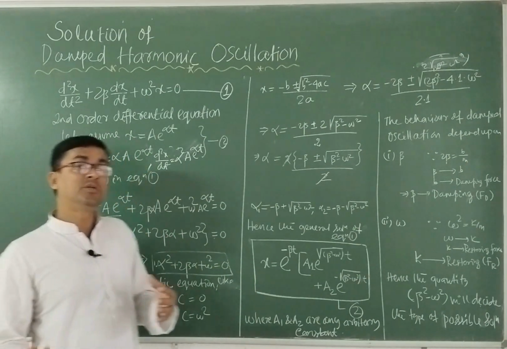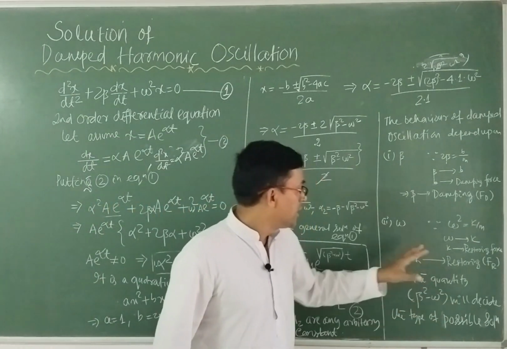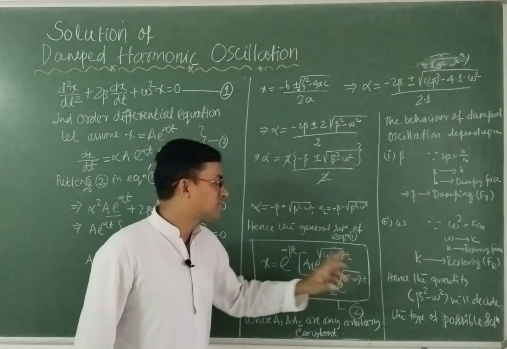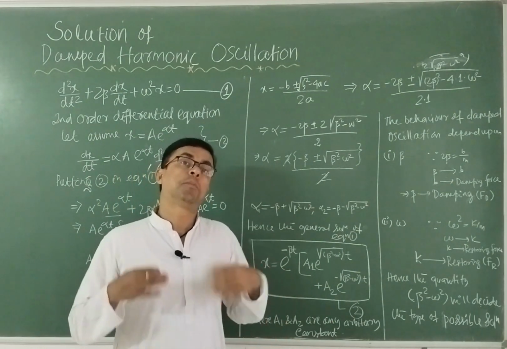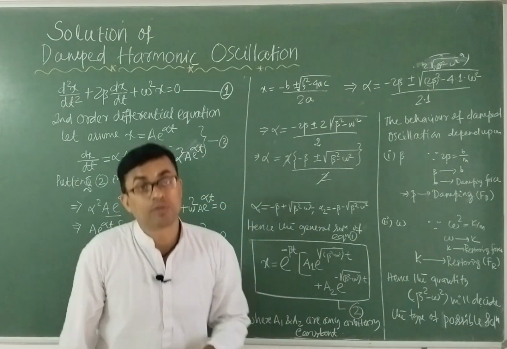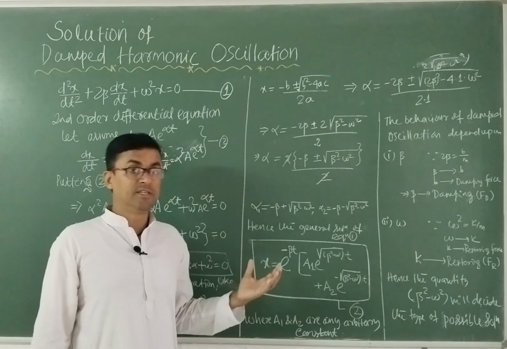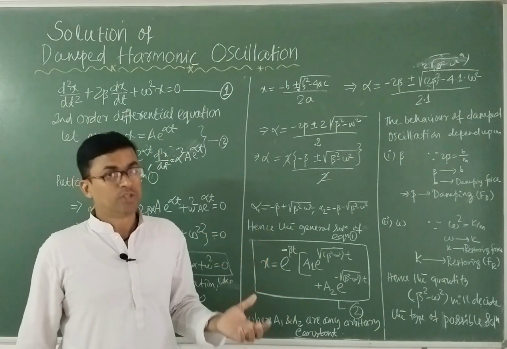It is a play between damping force and restoring force. Hence, the quantity beta square minus omega square in the solution will give what the possible solution is, depending upon the value of beta square minus omega square. If it is large, if it is small, if it is positive, if it is negative, then what will be the solution?